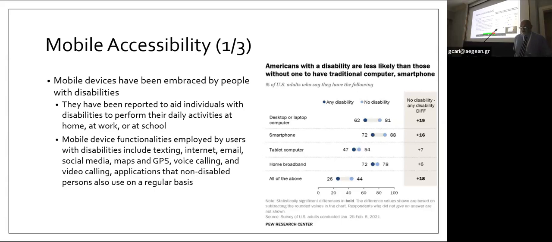Mobile device functionalities employed by users with disabilities include texting, internet access, email, social media, maps and GPS, voice calling, and video calling. Applications that non-disabled persons also use on a regular basis.